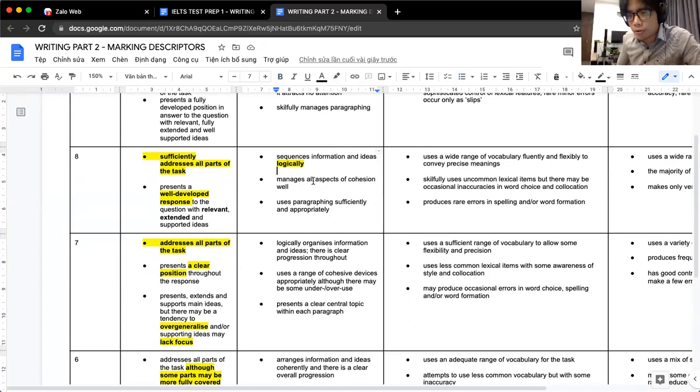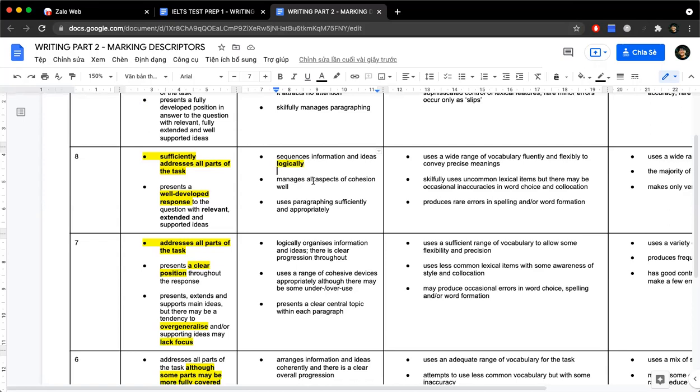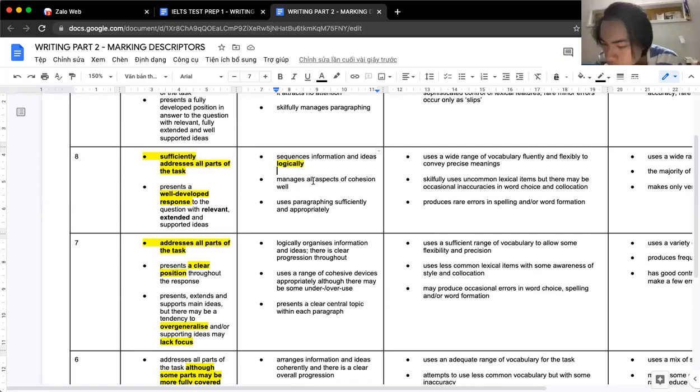So when you do brainstorming, when you do the outlining, right, you always have an outline before you write. That is a requirement, because if you don't have that, right, you write a very poor one. Because when we look at your ideas, right, we can see the connection between the ideas.